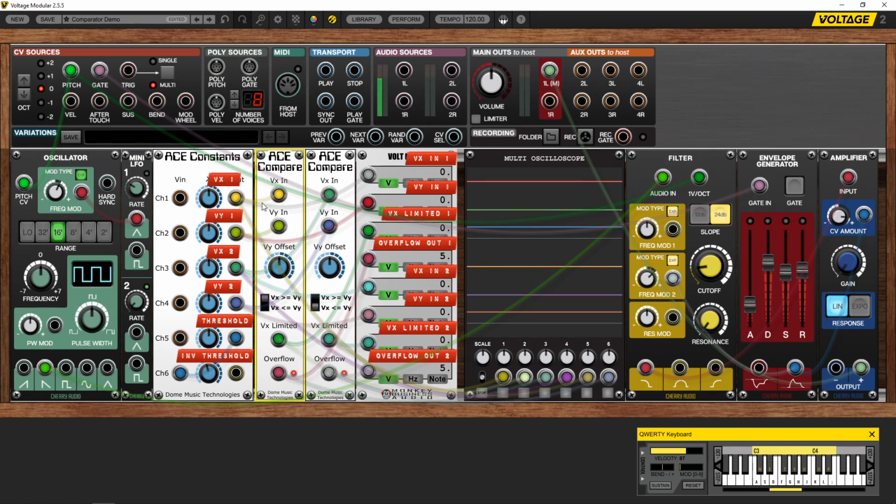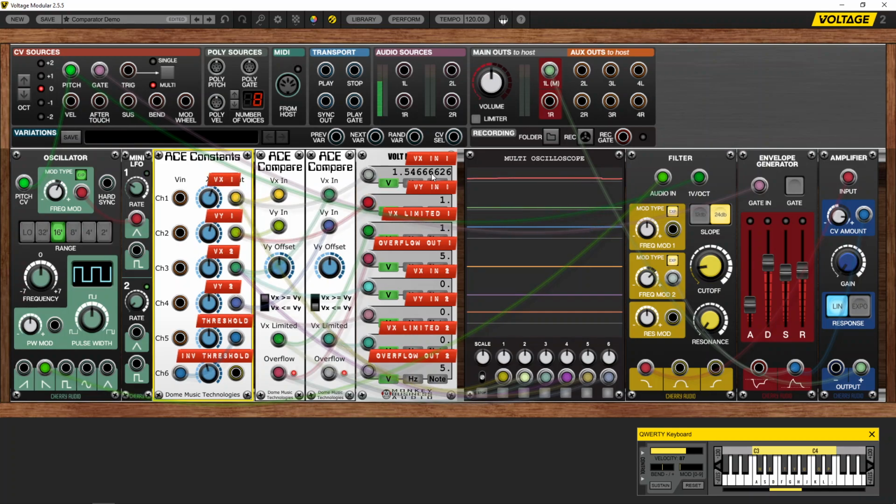If we change the Vy input to 1 volt, then we can see that the condition is no longer met because Vx is less than Vy, because Vy is set to 1 volt, and that means that Vx is being passed through it, so all voltages below 0 volts just get passed through, and all voltages above 0 but less than 1 volt just get passed through as well, and then they're limited.